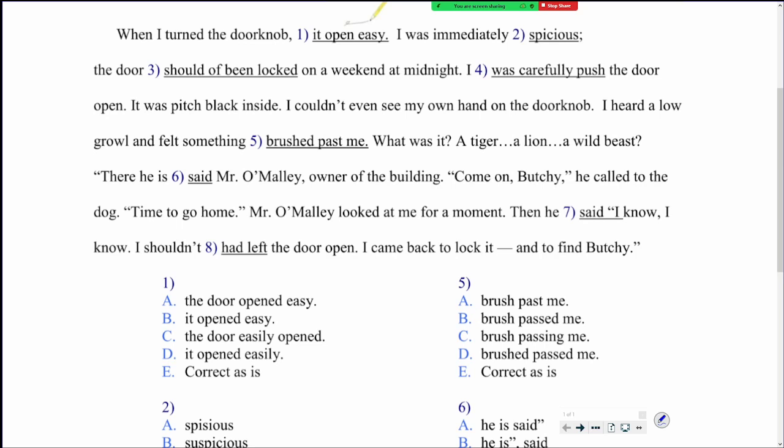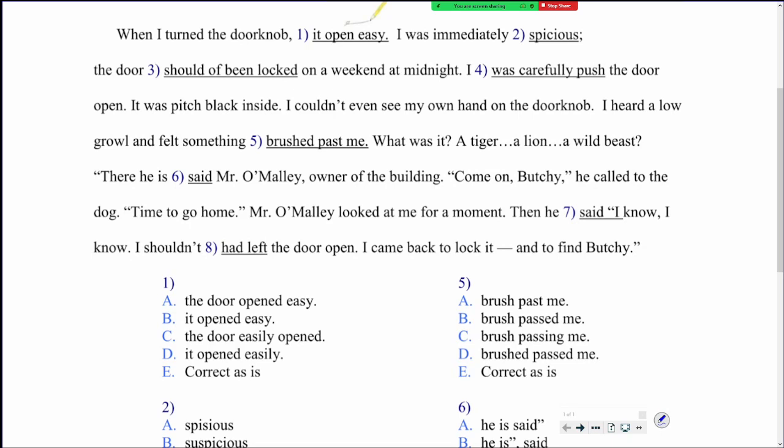So the doorknob, it's written in the past tense, right? So when I turned the doorknob is written in the past tense, so the verb should also be in the past tense. So when I opened the doorknob, it opened, and you wouldn't say it opened easy, you would say it opened easily, okay?